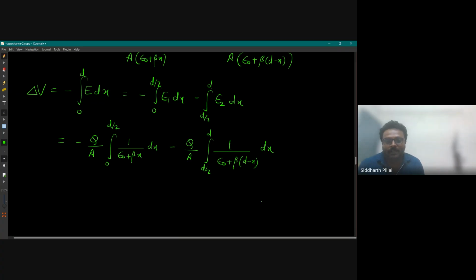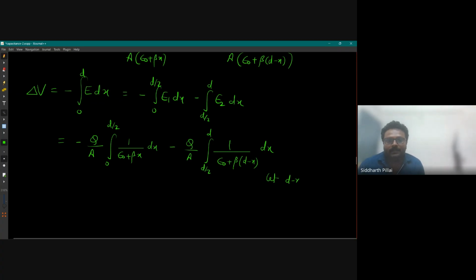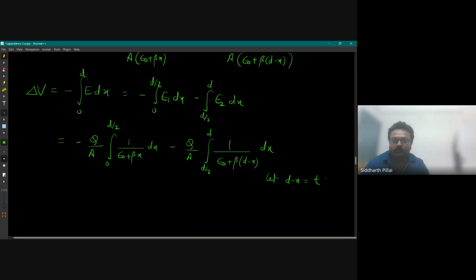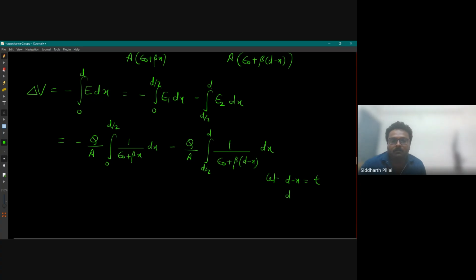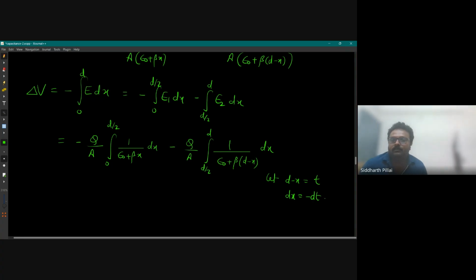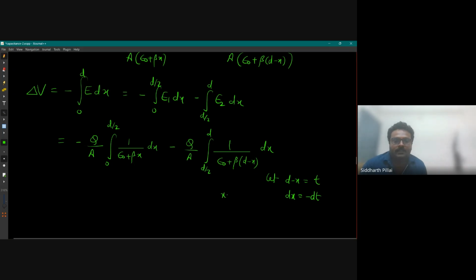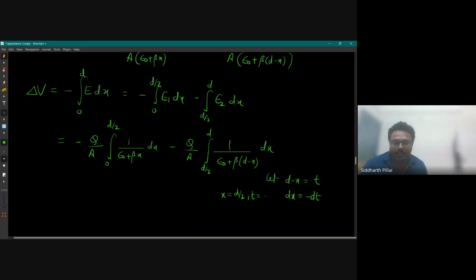Before I solve it, let's look at the second integral here. If I do a change of variable, let D minus x equal t. In that case, dx is equal to minus dt, and your limits will change: when x equals D by 2, t is equal to D by 2, and when x is equal to D, t equals 0.